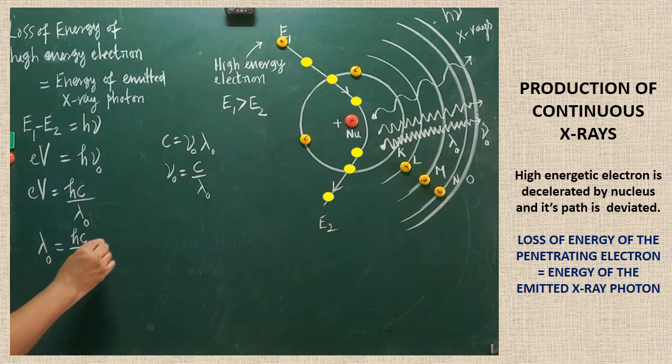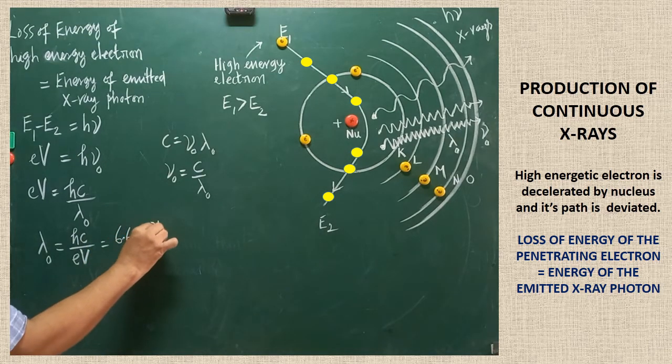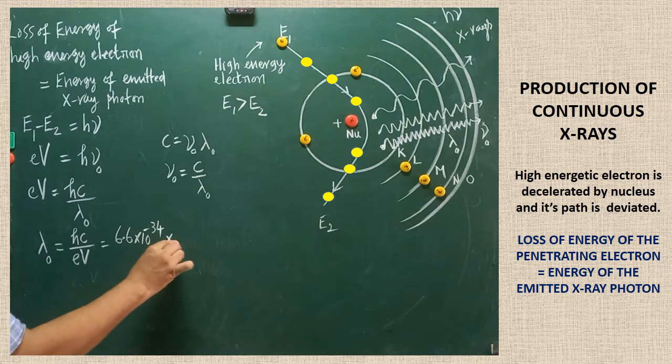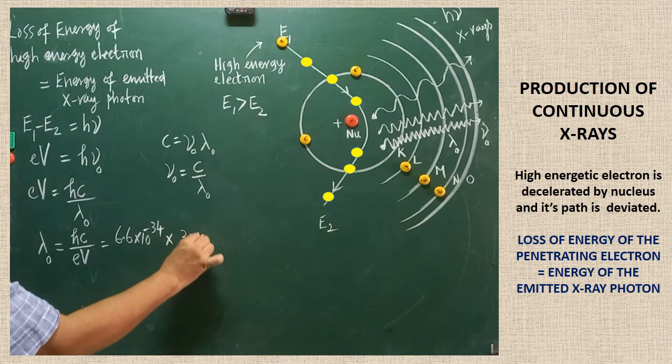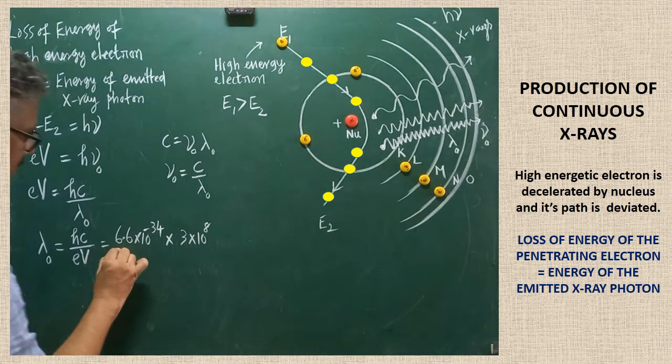Now substitute. Here h can be written as 6.6 into 10 to the power of minus 34 joule second, and 3 into 10 to the power of 8. So that is the value of which one? Speed of the X-rays.